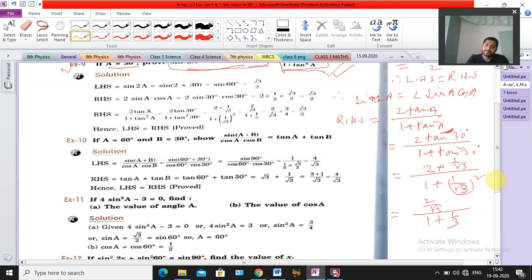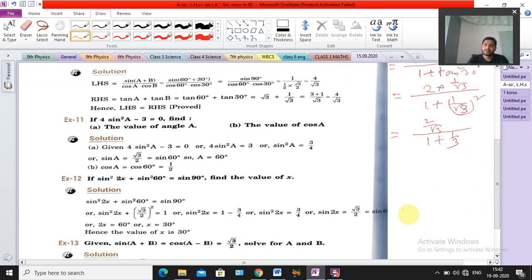So 1 plus 1 by 3 means 4 by 3. That means we are getting 2 by root 3 into 3 by 4. Understood?